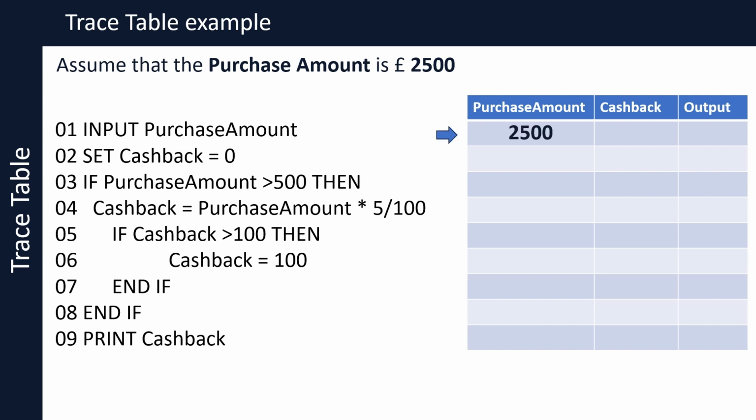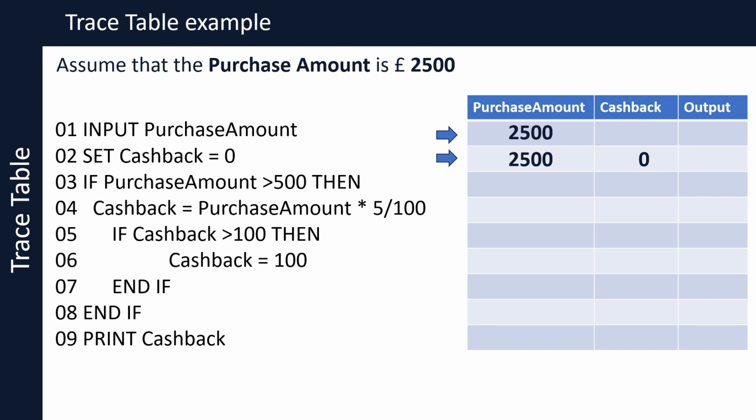In the second line, we set the value of the variable called cashback to 0. Therefore, we record 0 under the second column in the second row of the trace table. We haven't made any changes to the value of the variable purchase amount here. Therefore, we record 2,500, similar to the first row, under the first column in the second row of the trace table.